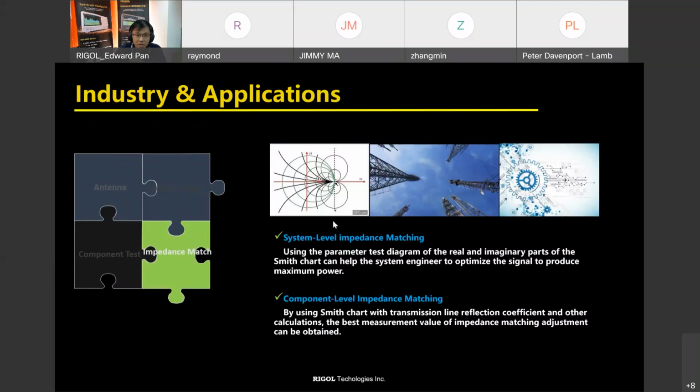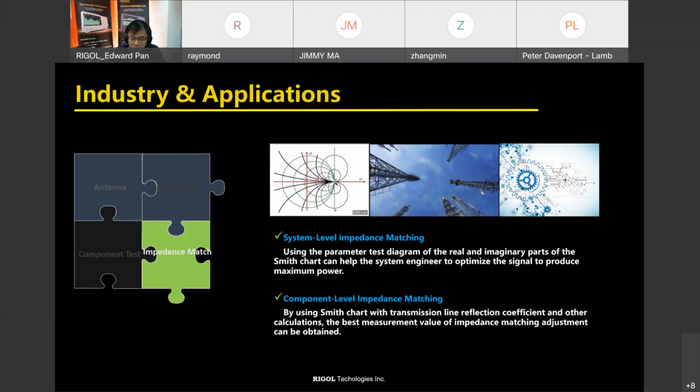Okay, so the final one is impedance matching. Impedance matching is decided by the power transmission efficiency. If you have a good matching, that means you have good power transmission efficiency. In communication, the final purpose is to transfer the maximum power to the antenna, so we can transmit the signal effectively over a long distance from the transmitter side to the receiver side.